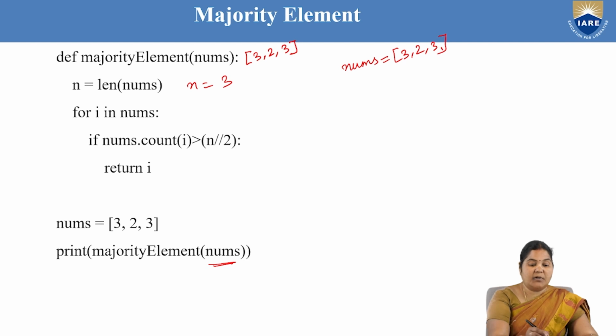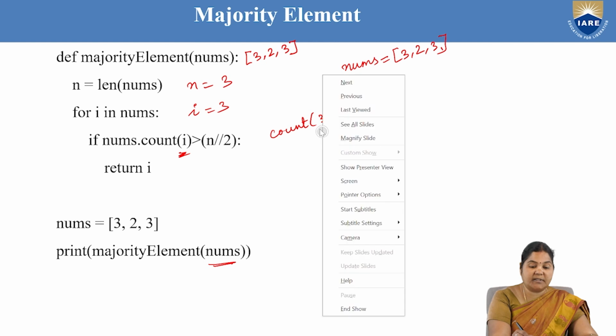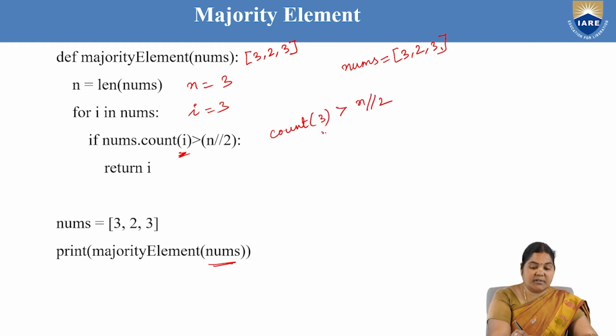Now, for i in nums, so first time i value is 3. If nums dot count of i, count of 3 is how much? If it is greater than n by 2, count of 3 is present 2 times. So it is 2.